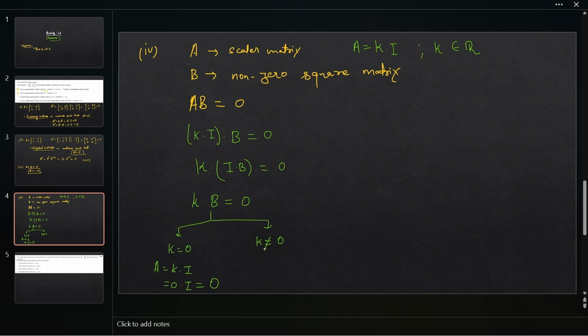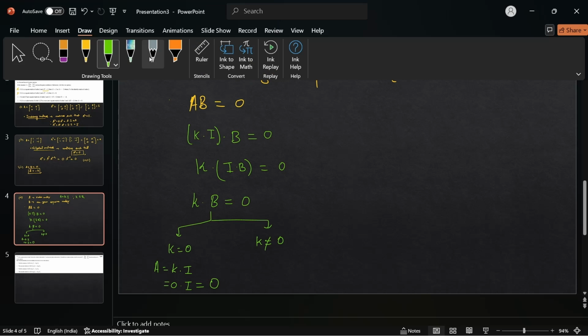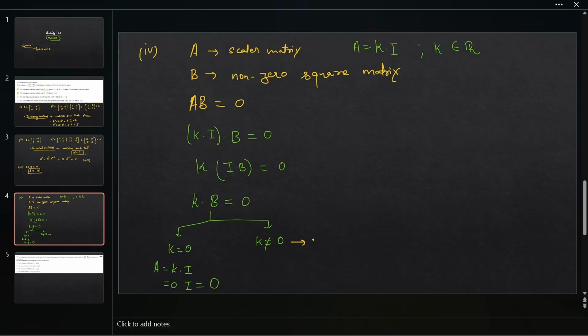Now, what would happen if k is not equal to 0? If k is not equal to 0, then I am allowed to multiply both sides by 1 by k.